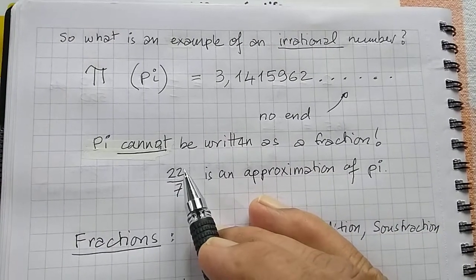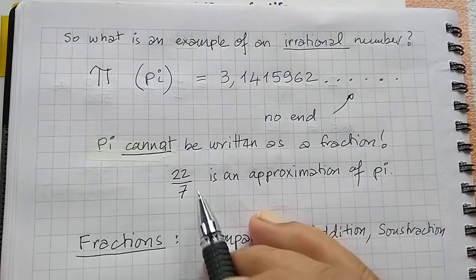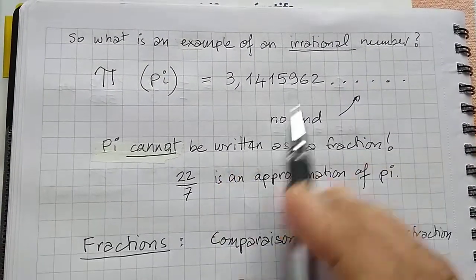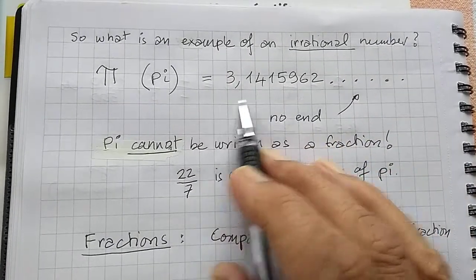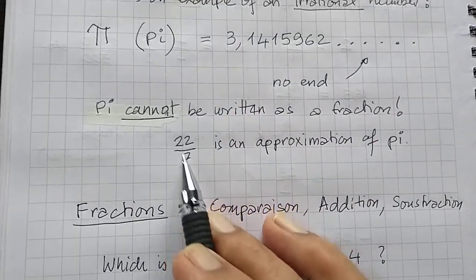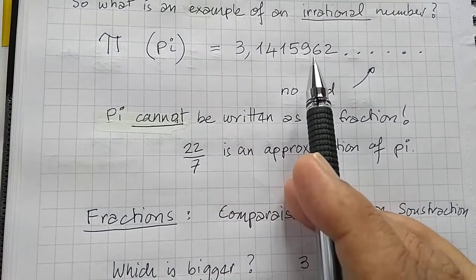Some of you might have used 22/7 as an approximation of pi. But 22/7 is an approximation. It is not the value of pi. After a few digits, it will differ from the actual value of pi. For most practical purposes, you can use 22/7 for pi, but I think it is good to some fifth or sixth digit.